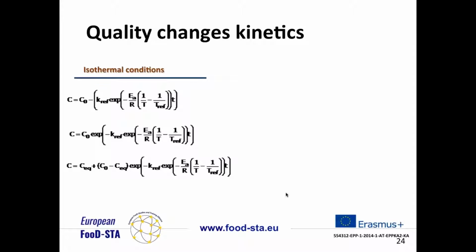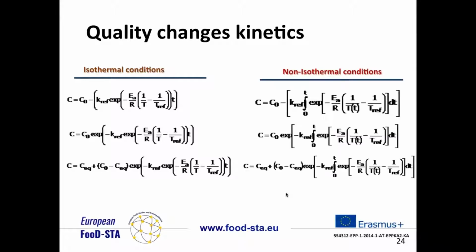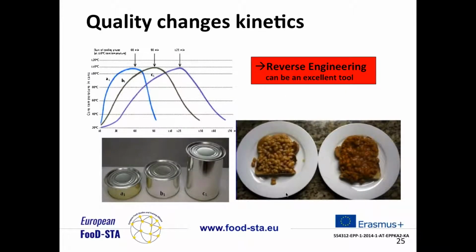So quality change kinetics under isothermal conditions can be described by relatively simple equations, but for non-isothermal conditions we need to have integration, and this for quality changes is really a need. And also the use of reverse engineering can be an excellent tool to get the kinetics from the final product result.